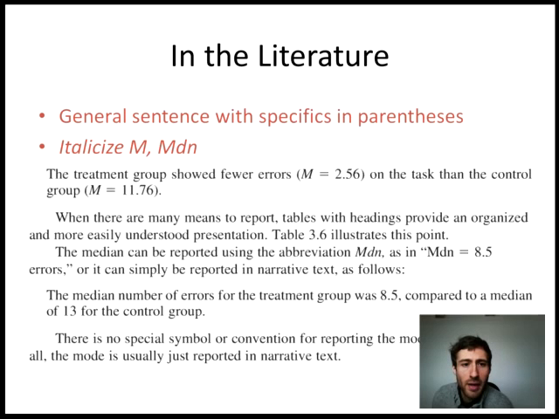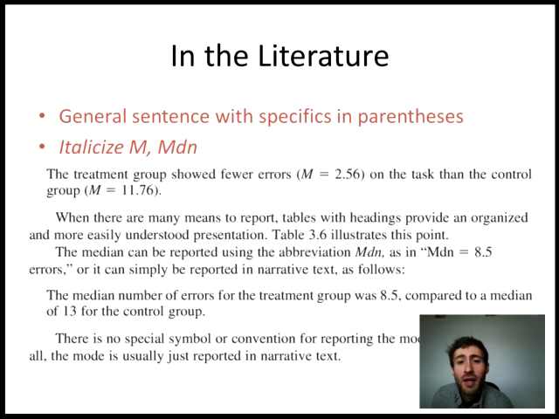Okay, I just want to talk about how to write about and report mean values. So the first thing you want to do is make a general sentence, but put the specifics in the parentheses. So I found that men scored higher on this exam than women, in a very general way.